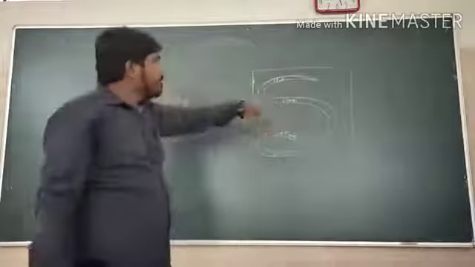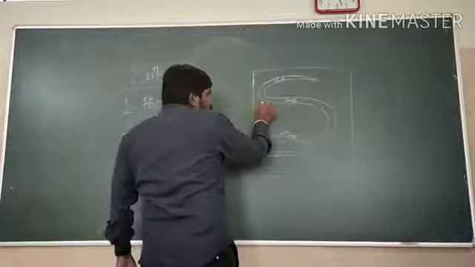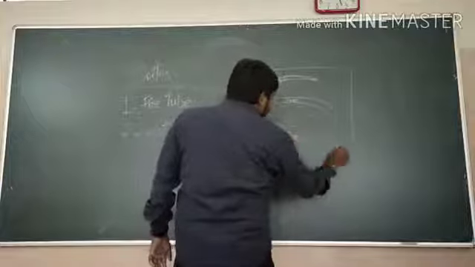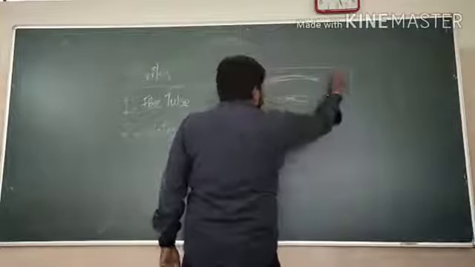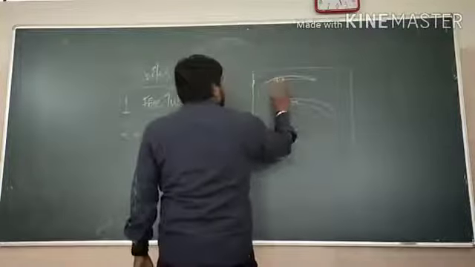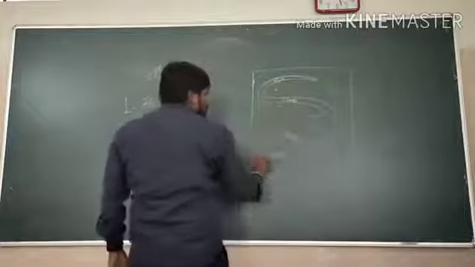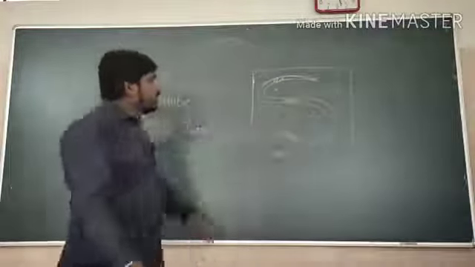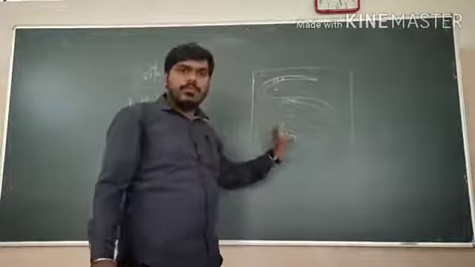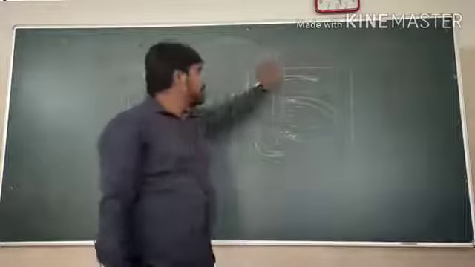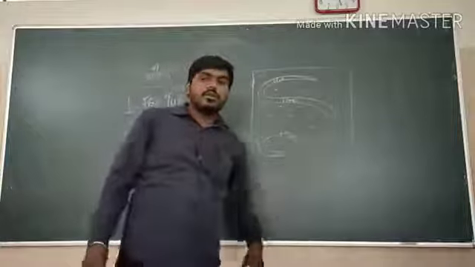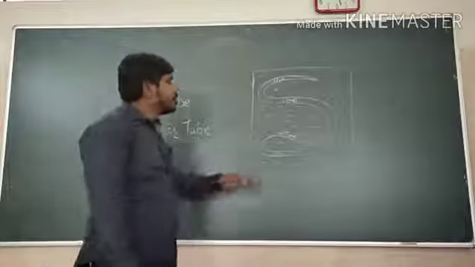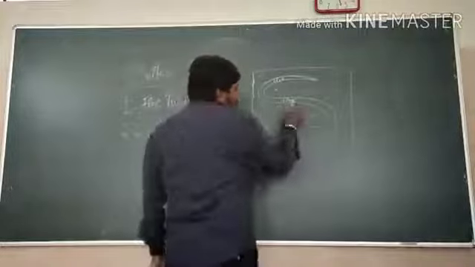Then the surrounding will be completely water. So inside the tube there will be fire, and outside the tube there will be completely water. This is the fire tube arrangement. What is the fire doing?